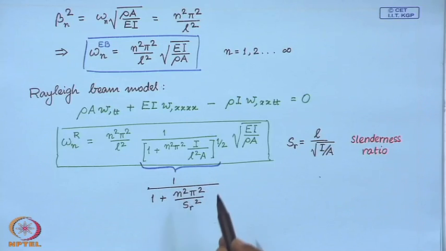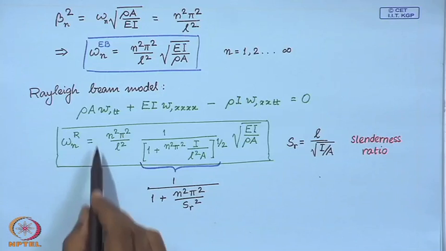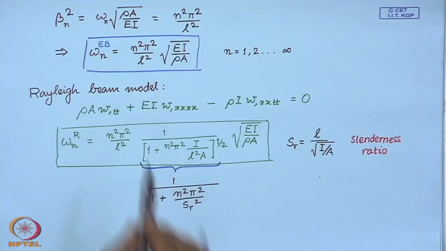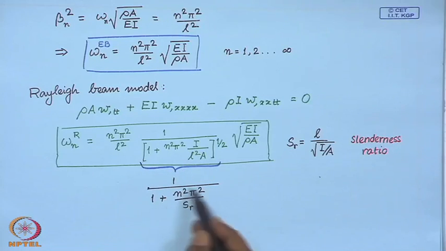So, which means for very slender beams the circular natural frequencies of the Rayleigh beam model should match with the Euler Bernoulli beam, but then this term brings in the difference for higher modes. So, for higher modes the frequencies are going to differ. As we go to higher and higher modes, the circular natural frequencies are going to be different.